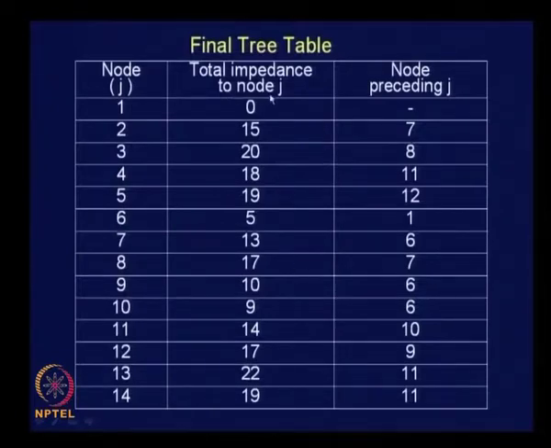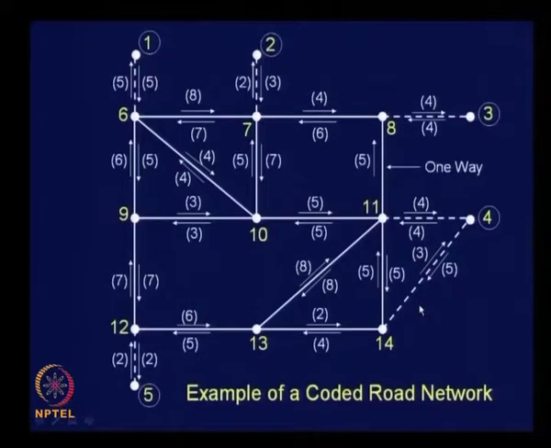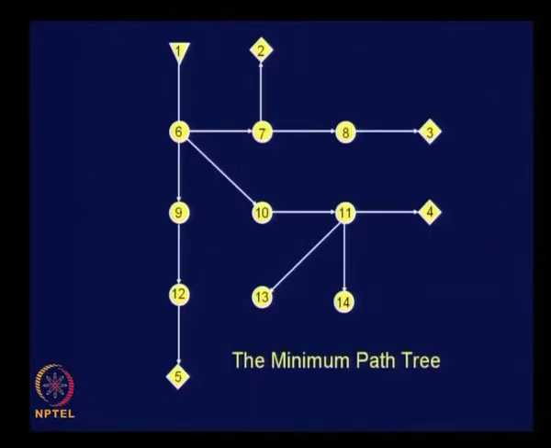Okay, total impedance to J and node preceding J, that is what we want, and using this information you can make a minimum path tree. Before that, have a look at the network that we have initially considered, and the minimum path tree is this, from node 1 to all the other nodes.